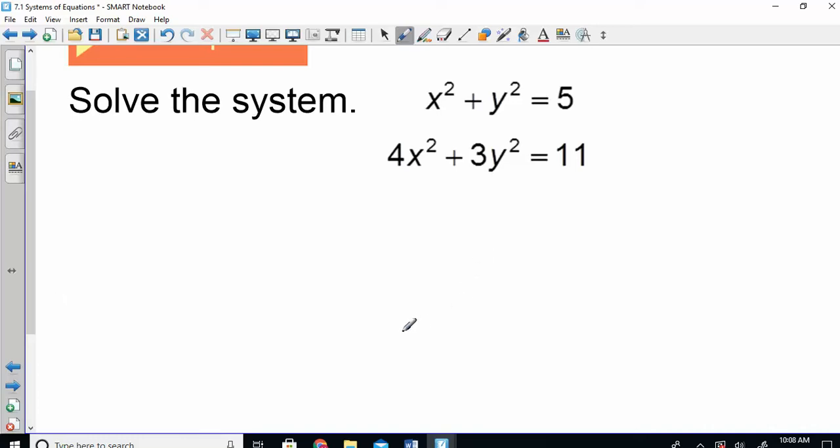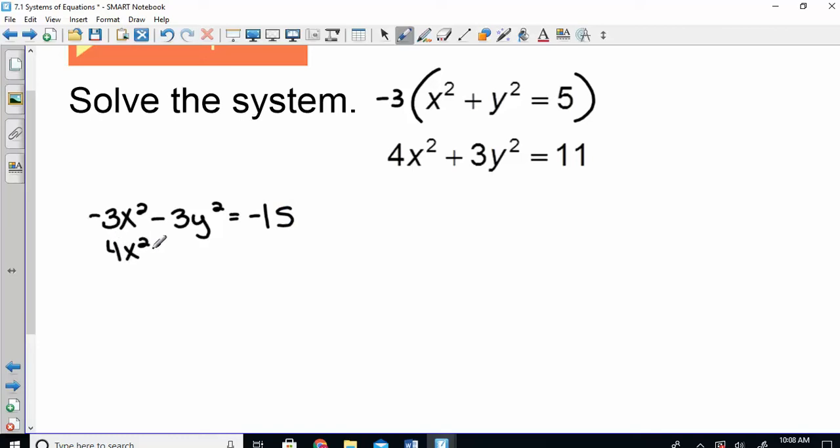Would substitution or elimination be easier here? Elimination would probably work. If I wanted to eliminate the y squared, what would we have to do to the first one? Negative 3 squared. Or, yes, just negative. So that would give me negative 3x squared, and that's 3y squared equals negative 15.